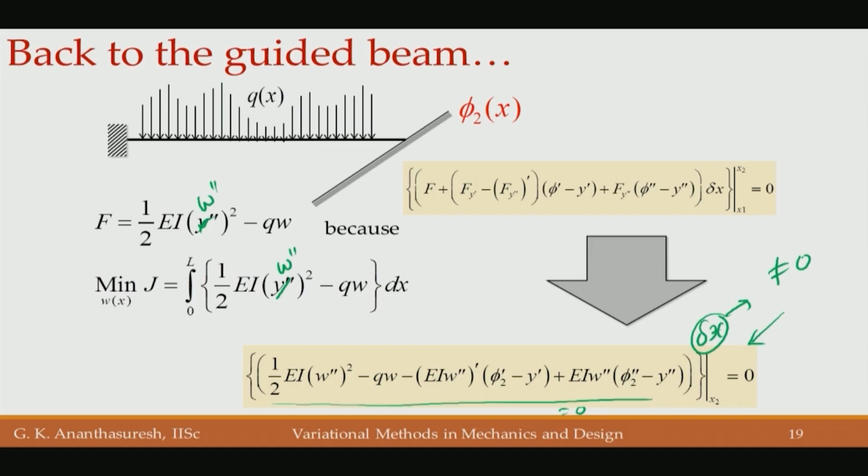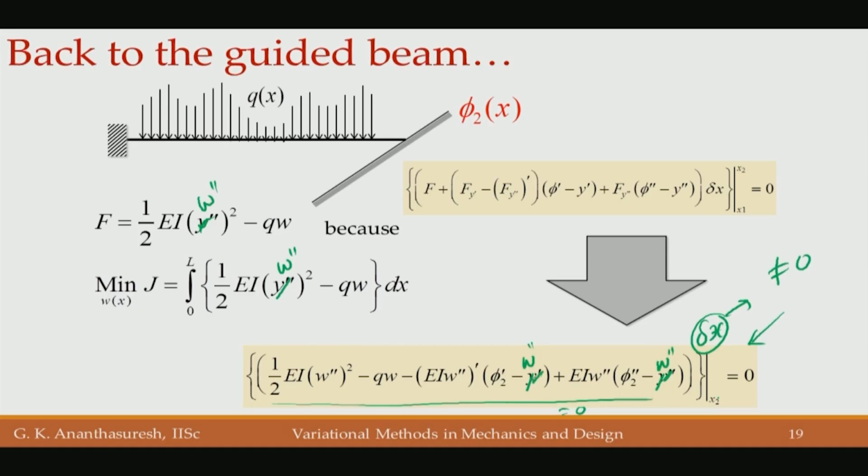What does it physically mean if you compute this: half E I w double prime square minus q w minus E I w double prime prime times phi 2 prime minus w prime, plus E I w double prime times phi 2 double prime minus w double prime. Here it should be w prime, not y prime; that was just a typo.